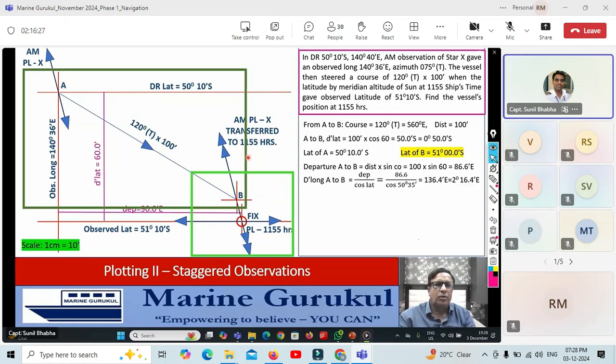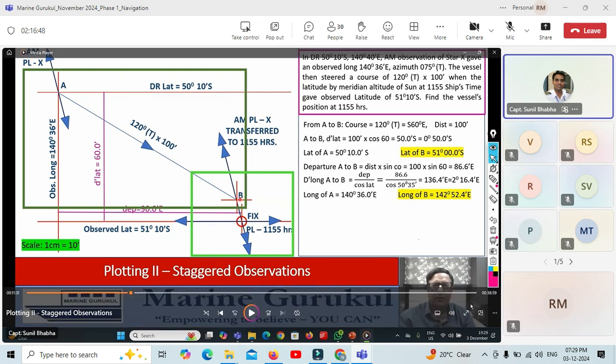We know the longitude of A, which is the same as the observed long, and we apply the D long to it and we get the longitude of B as 142 degrees 52.4 minutes east. So by applying the plane and parallel sailing formula, we have been able to get the coordinates of point B. Any doubt up to here?